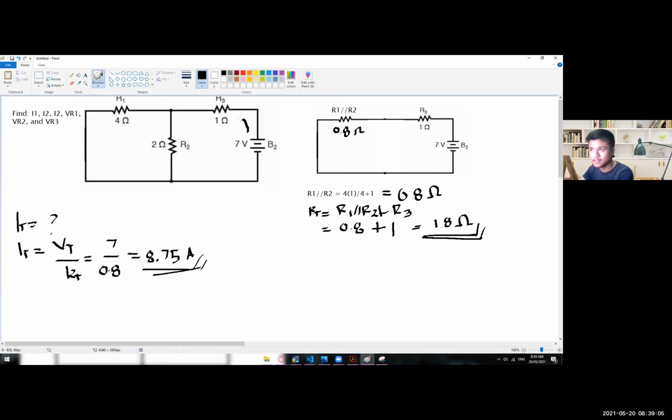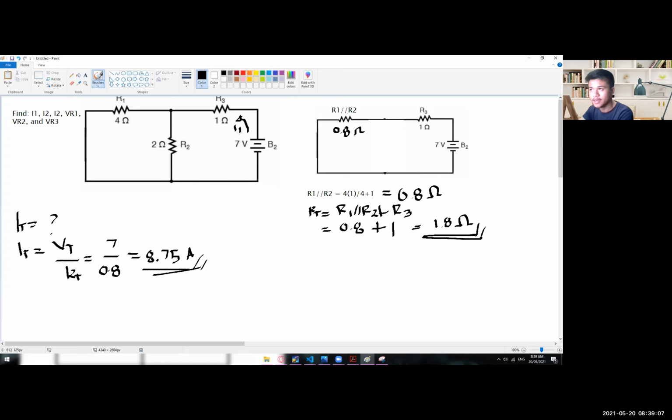So as you can see, we have here the I total, which is now equal with our I3. I3 is equal to 8.75 amps. So now we can actually solve for the value of VR3 since we now have the value of I3.